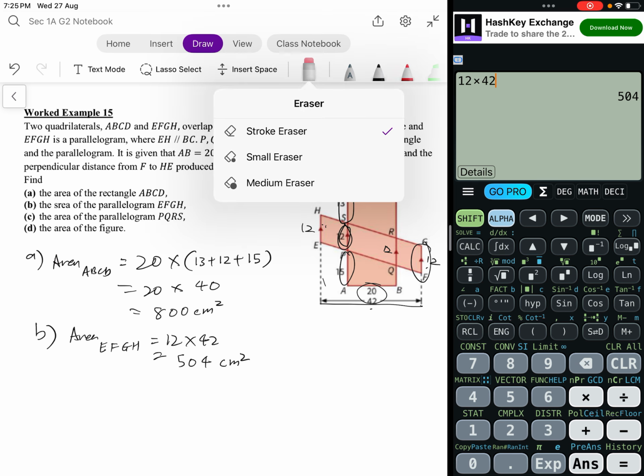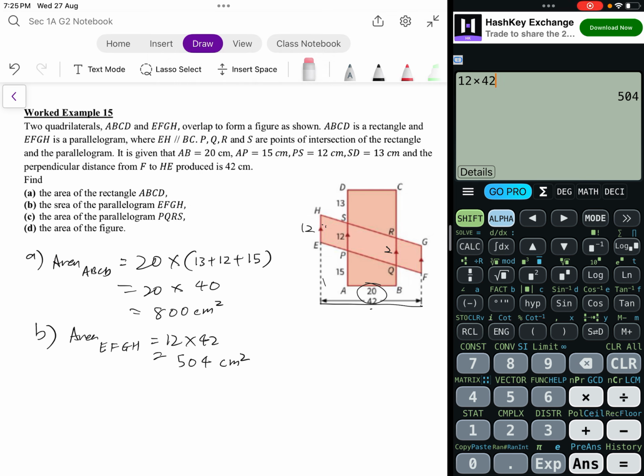Next, they'll ask you to find the area of the parallelogram PQRS. And we know that if we look at PQRS, this parallelogram, the perpendicular height will be the base of the rectangle.